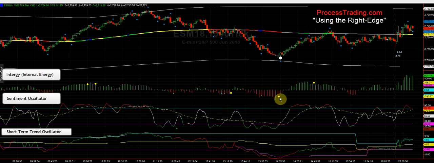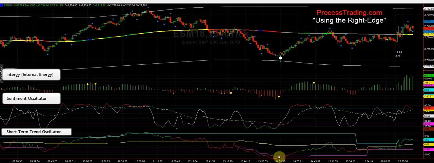So you have to give that some weight and some significance when you're making your decision and trying to analyze the situation. But most importantly, we look down here at the sentiment oscillator, where the momentum line is now cutting up through the bottom of the oscillator, and the sentiment line itself has hit the bottom and now is starting to trend upward. As well, we look down at the short-term trend oscillator, and it's coming up.